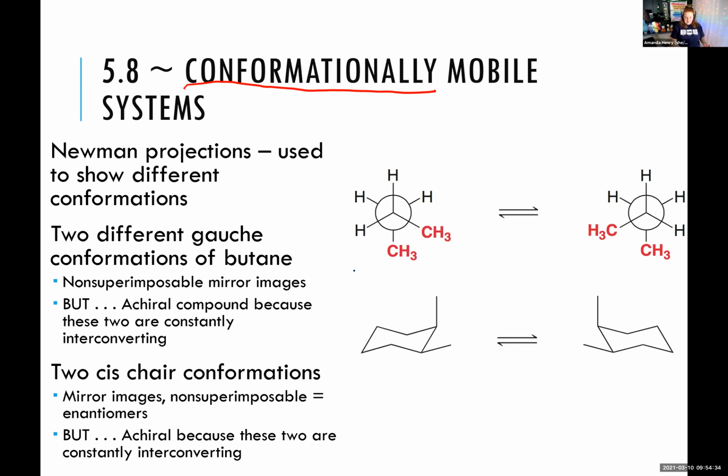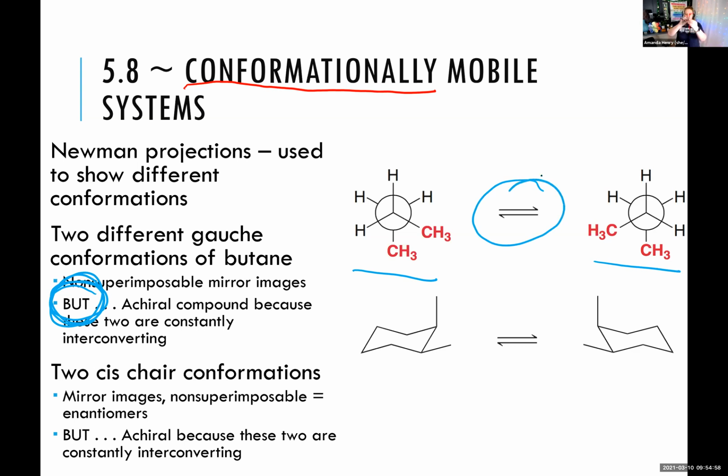And so when we have these 2 different versions of the gauche conformation, they are technically non-superimposable mirror images. And there's a big but there: they're not chiral compounds because they can interconvert between each other. Notice it has that equilibrium arrow in between them.